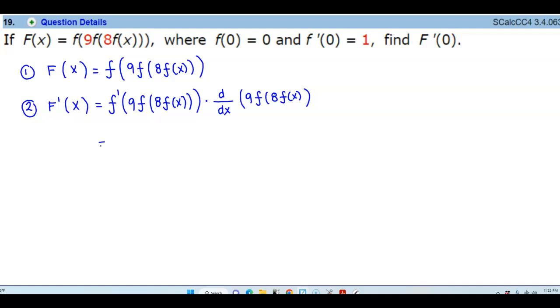So what does this equal? Well, it's going to equal the following.